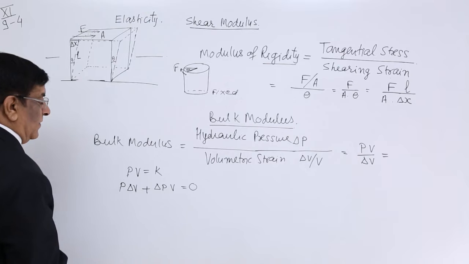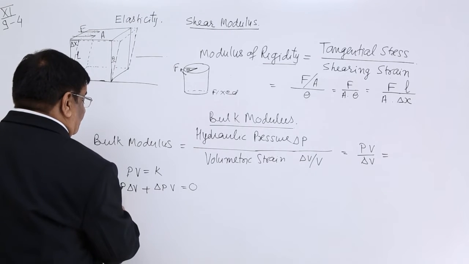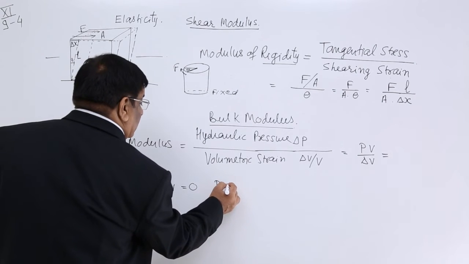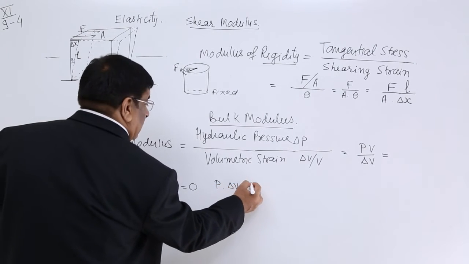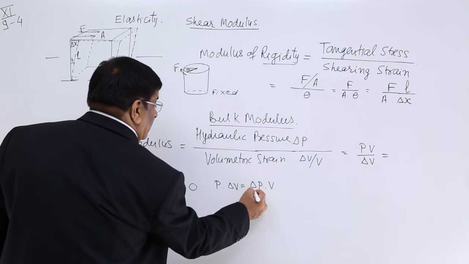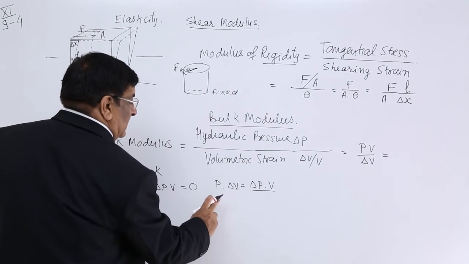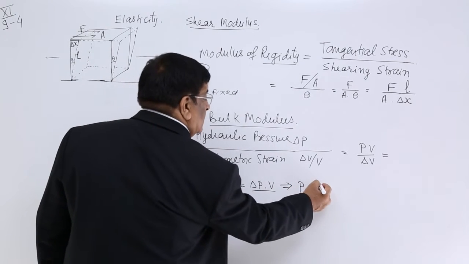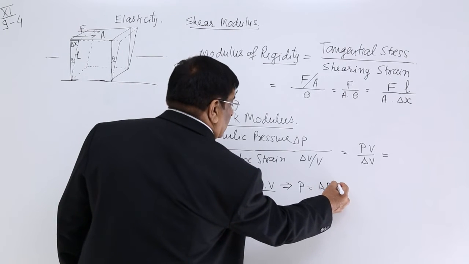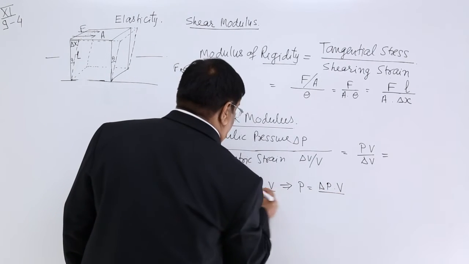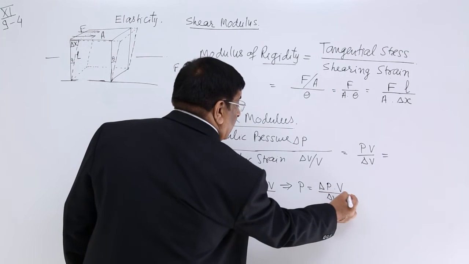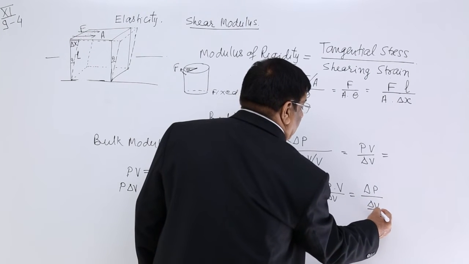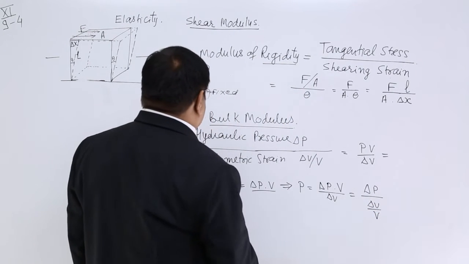Transferring it to this side, we have P into delta V is equal to delta P into V. So this gives us P is equal to delta P into volume divided by delta V. This gives us delta P upon delta V upon V. And what is this?